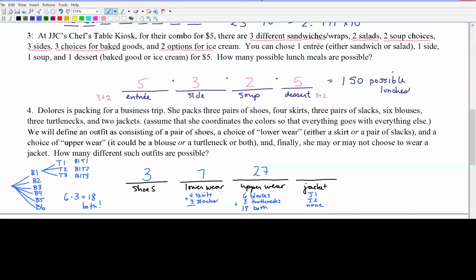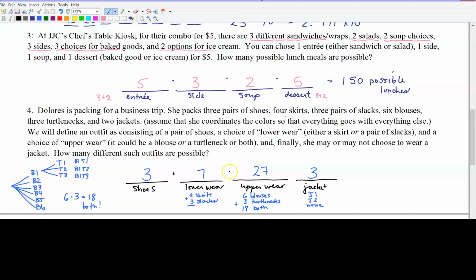This is kind of a special one that we didn't have before. She's not going to go out without wearing shoes. She's not going to go out without picking a lower wear option. She's not going to go out without picking an upper wear option. But for the jacket, she does have the option of omitting it from her outfit, and we're going to consider that a different outfit if she doesn't have the jacket on. So for the jacket, there are going to be 3 options total.